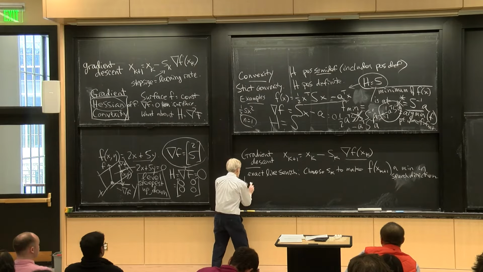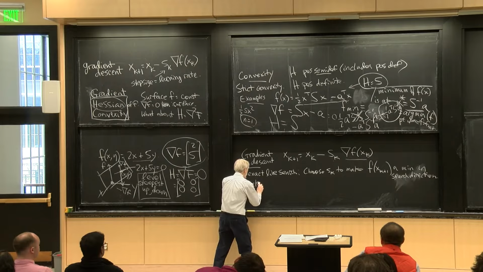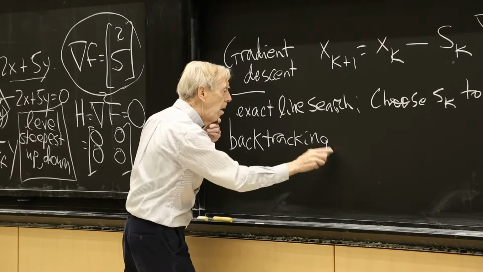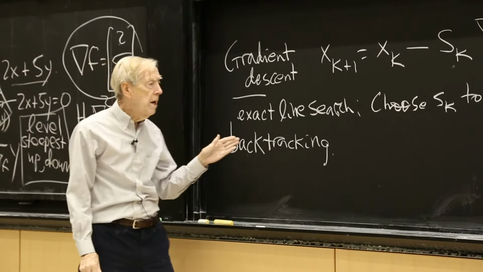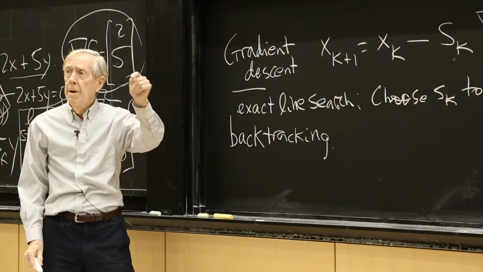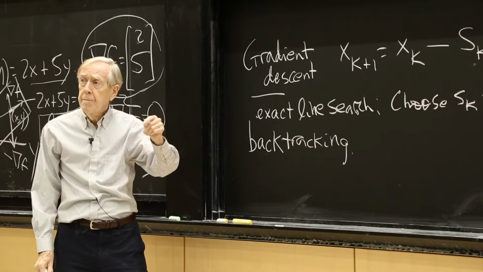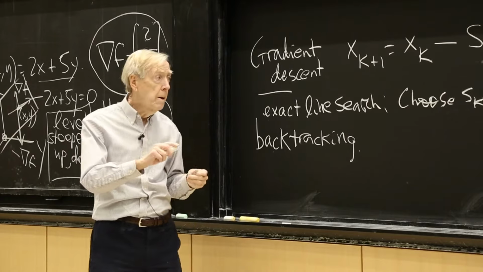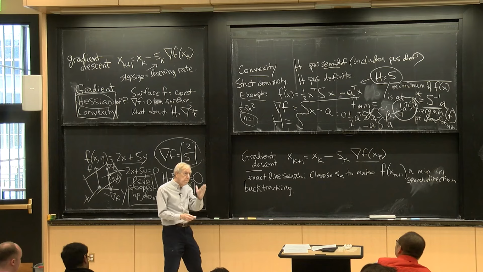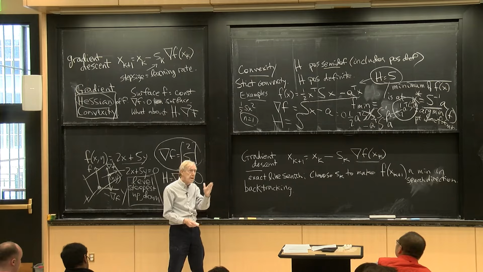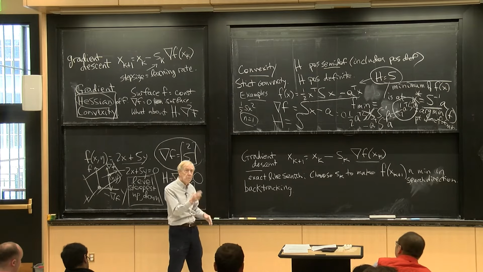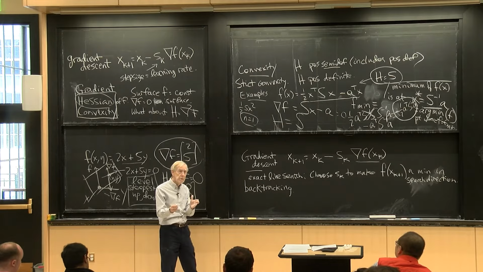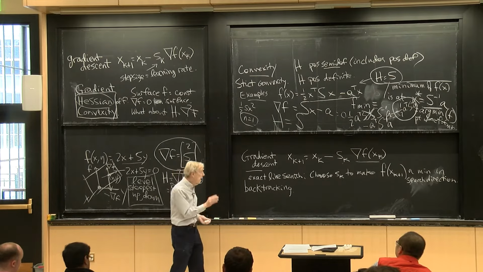So what would a backtracking line search be? Take a fixed S like 1, and then be prepared to come backwards. Cut back by half, see what you get at that point. Cut back by half of that, to a quarter of the original step, see what that is.